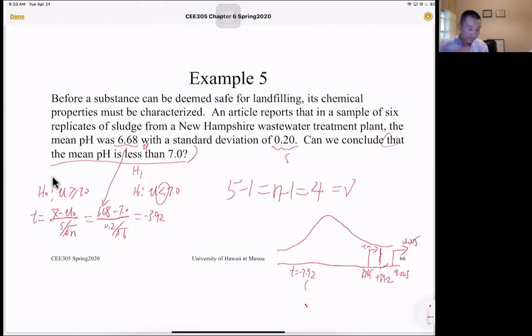So for minus 3.92, because the t curve is symmetrical to 0, that means it will also be between 0.005 and 0.01.